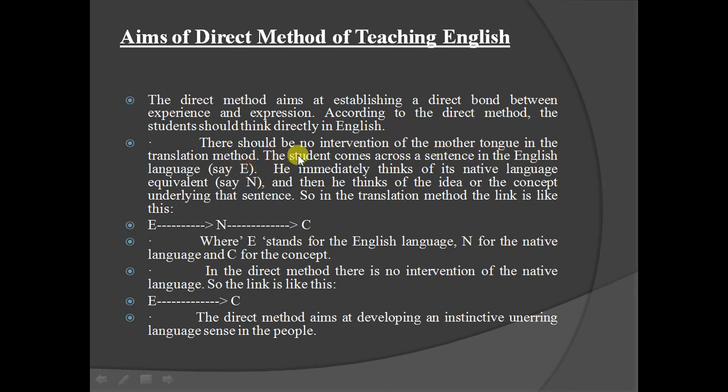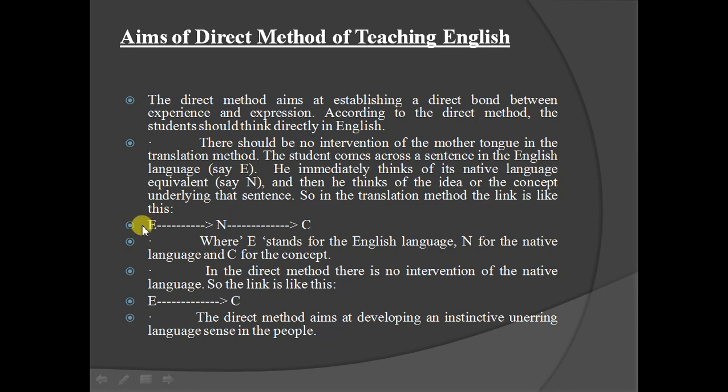In the translation method, the student comes across a sentence in the English language, let's say there is E, and then he immediately thinks of its native language equivalent, say N, and then he thinks of the idea or the concept underlying that sentence. E is somebody tells you something, a sentence, right?